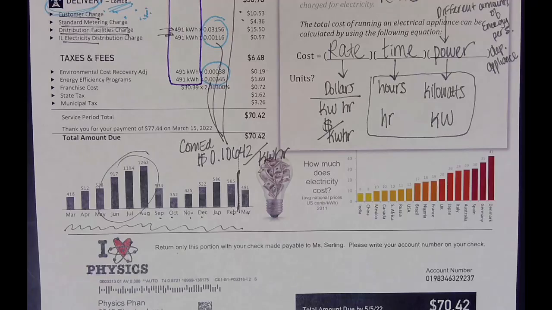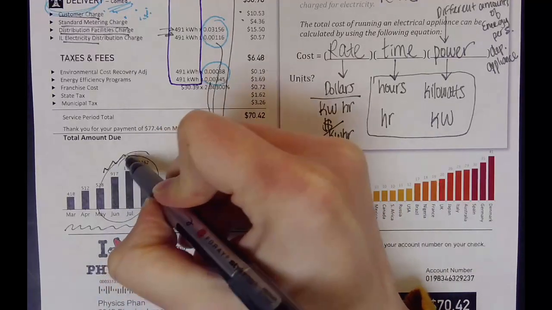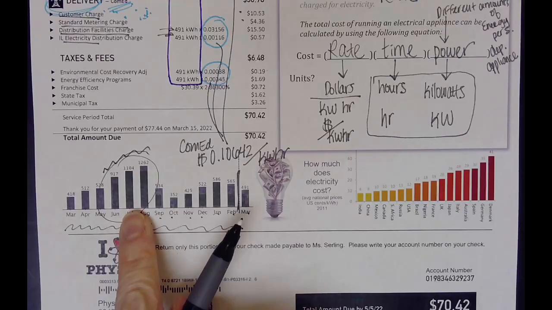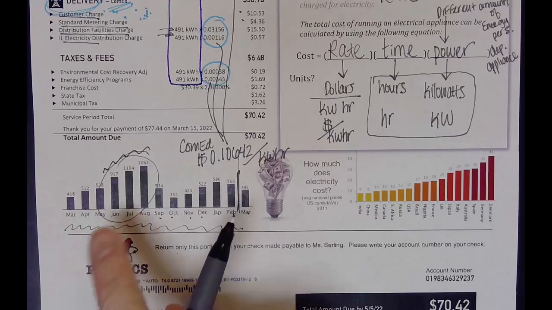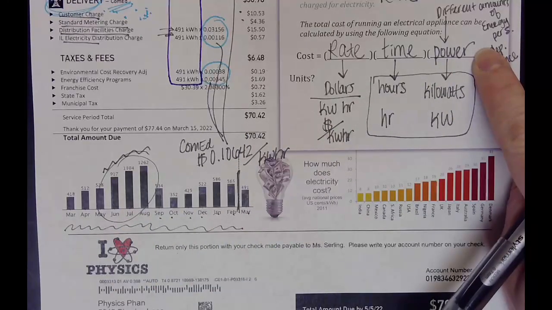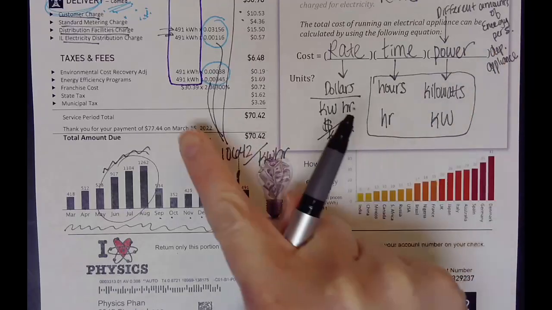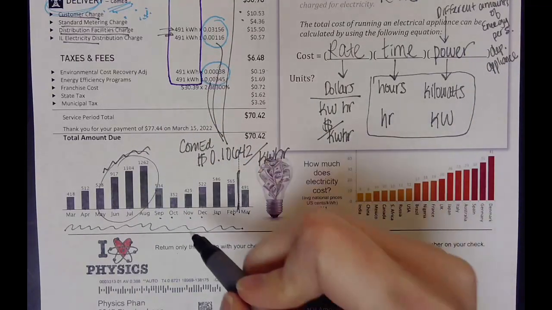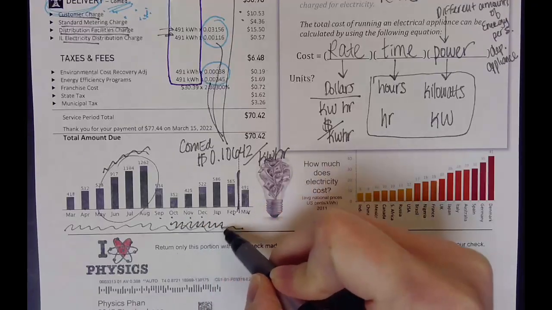And you might think that those are your summer months. So your summer months are when you are using an air conditioning unit, which is going to have a very high power rating, which therefore is going to make that multiplier for your kilowatt hours very large. If you think, well, what do we use to heat our house?